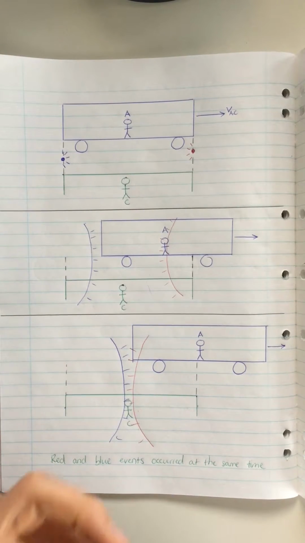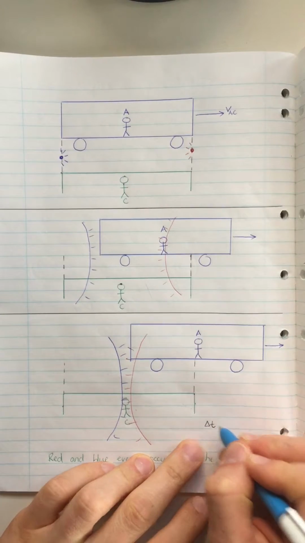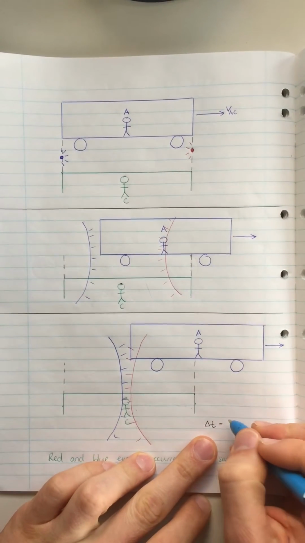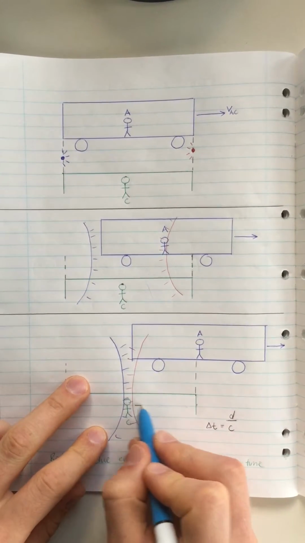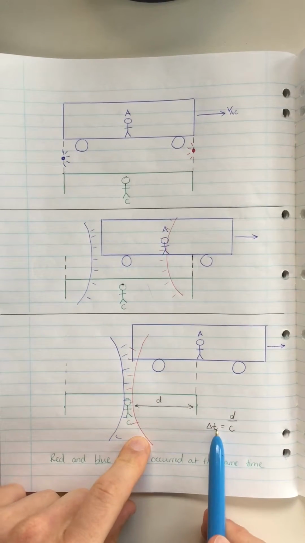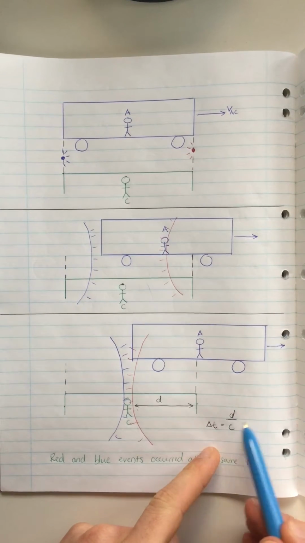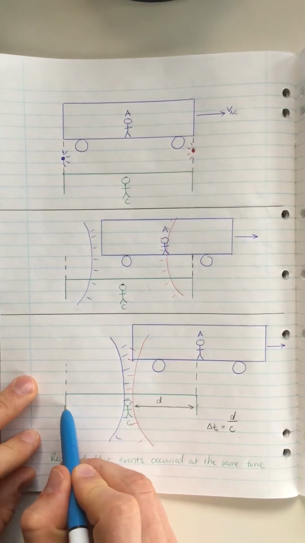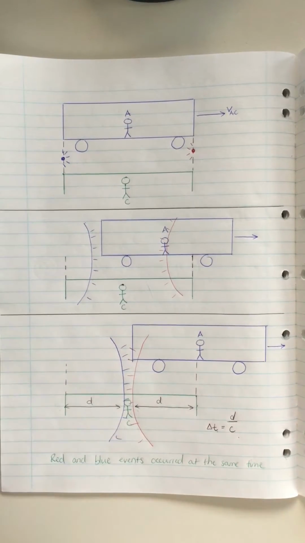So if they reach him at the same time, then simply, again, using this formula, if this is our distance, then he can say that the time that's passed for the red flash to get from here to here is whatever this value turns out to be, and the time that's passed for the blue flash to get from here to here, which is the same distance, must be the same amount of time. Therefore, he concludes the two flashes occurred at exactly the same time.